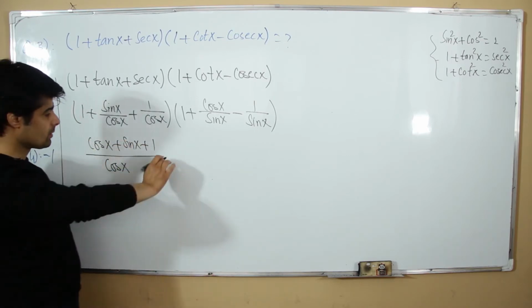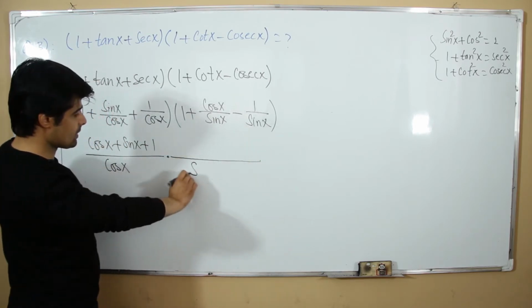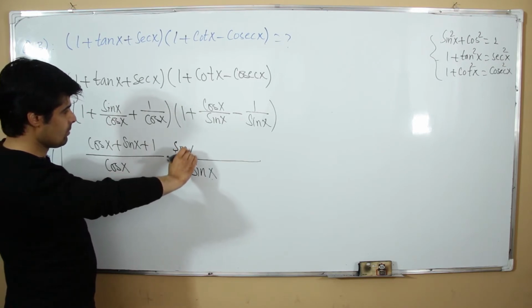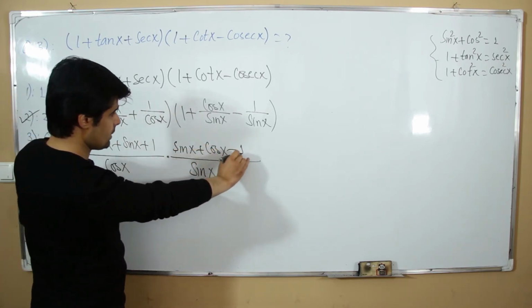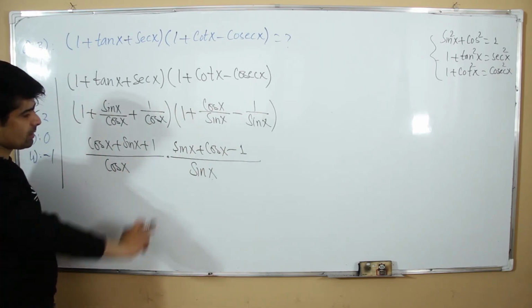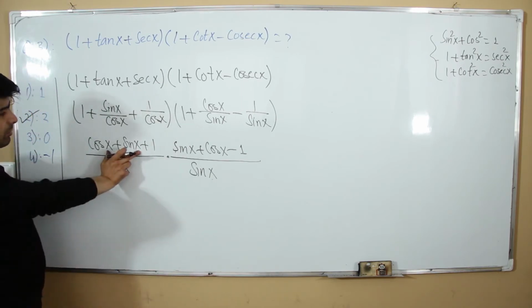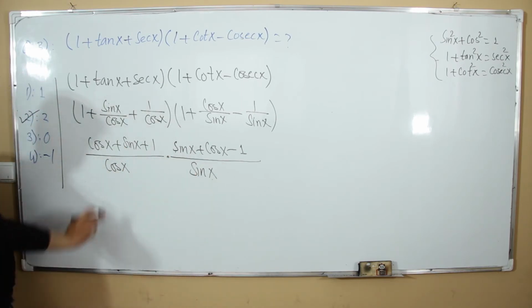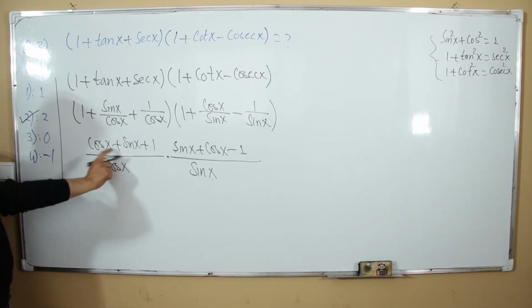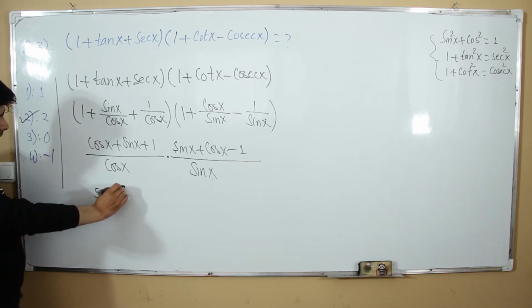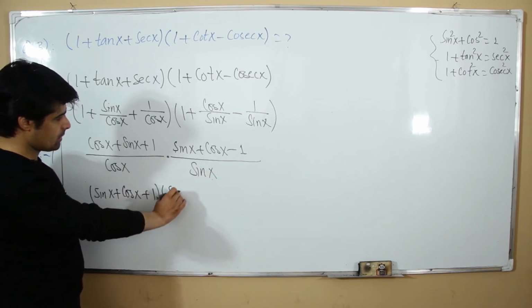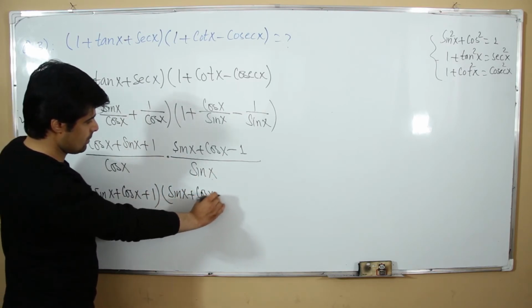Am I right? Yes. Now here you have once again sine x, so it would be sine x plus cosine x minus 1. Now you have a multiplication of denominator and denominator, so this numerator should be multiplied with this one. What do you have? This one is sine x cosine x, sine x cosine x plus 1 multiplied by sine x plus cosine x minus 1.